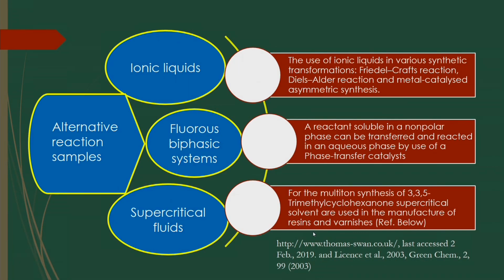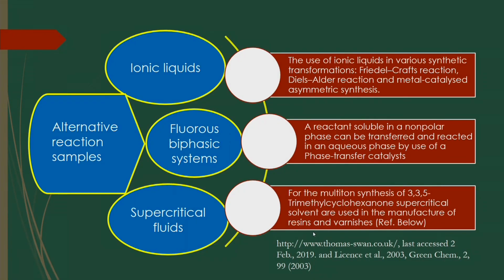Here, like fluorous biphasic systems, ionic liquids are being used, even sometimes supercritical fluids are being used for process intensification. The use of ionic liquids in various synthetic transformations like Friedel-Crafts reactions, Diels-Alder reactions, metal catalysis, enzymatic synthesis, these ionic liquids are being used nowadays for process intensification.